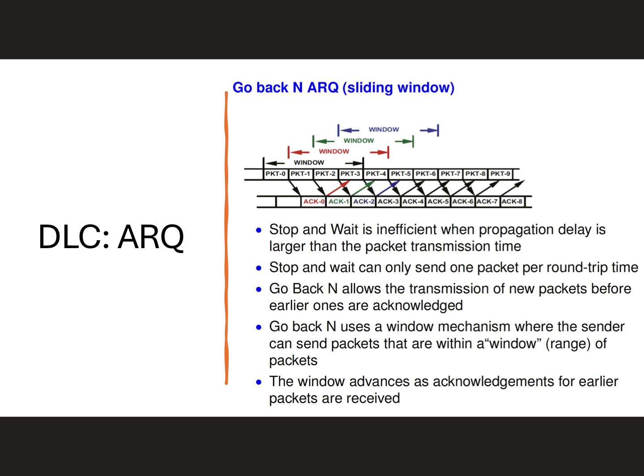Key important thing: the window is always shifted when the first packet in the window has its receipt acknowledged. Okay, then the window will shift. So the window will keep shifting, right? And at any point in time, if you receive a negative acknowledgement, everything in the window is going to be retransmitted, and then the transmission will continue from there. That's the idea of go back N.